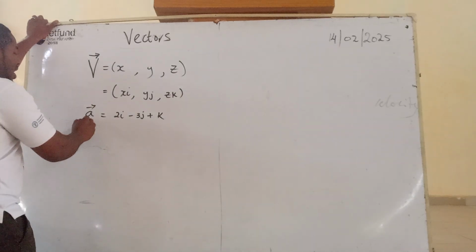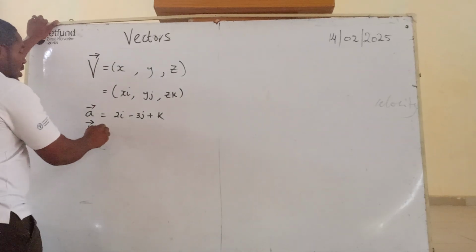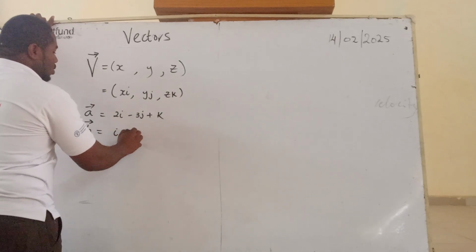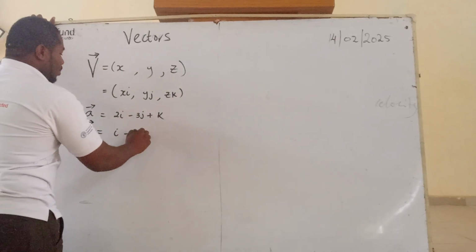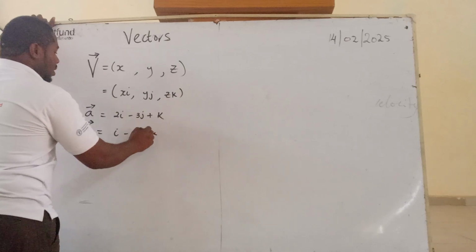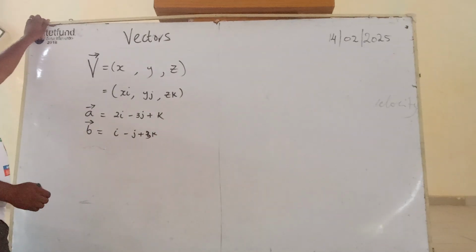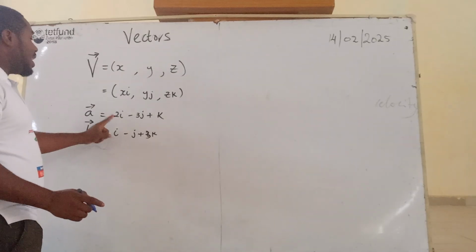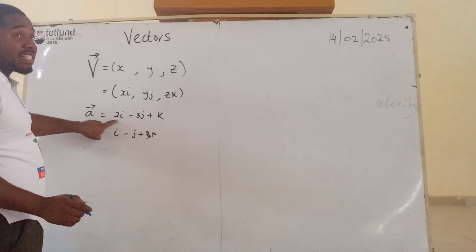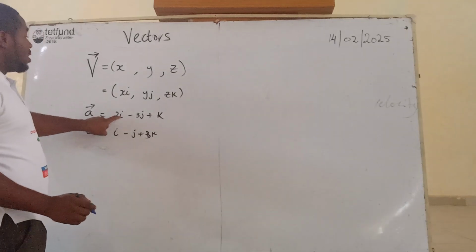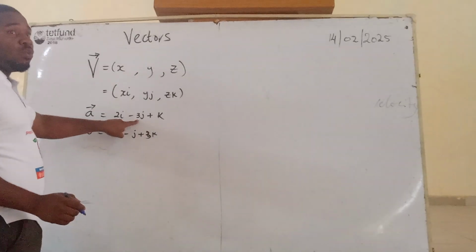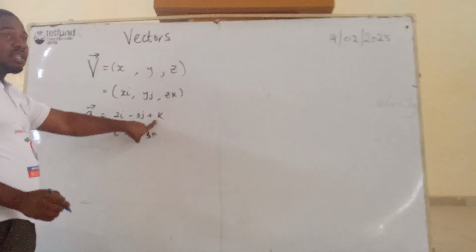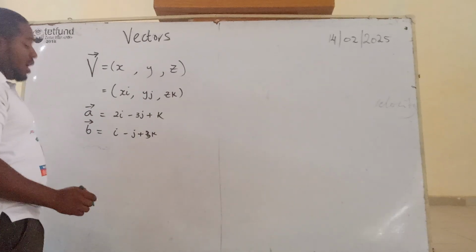I can also have another vector represented this way: i minus j plus 3k. What does this mean? It simply means that I have a vector that is located 2 along the x-axis, 3 along the y-axis, and then 1 along the z-axis.